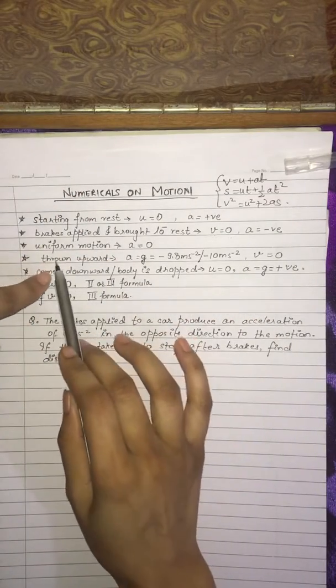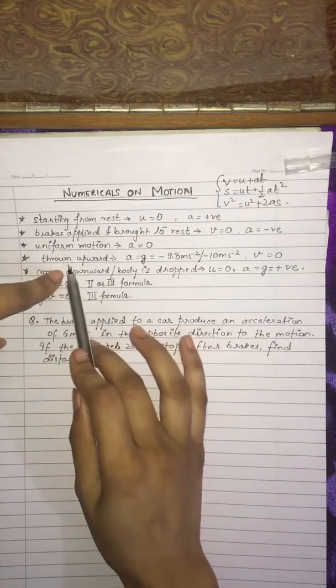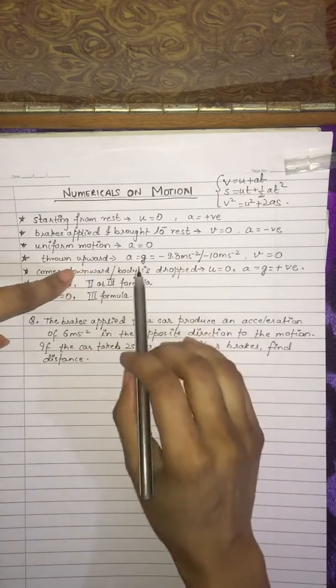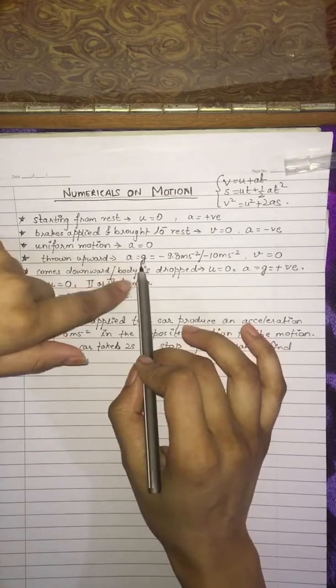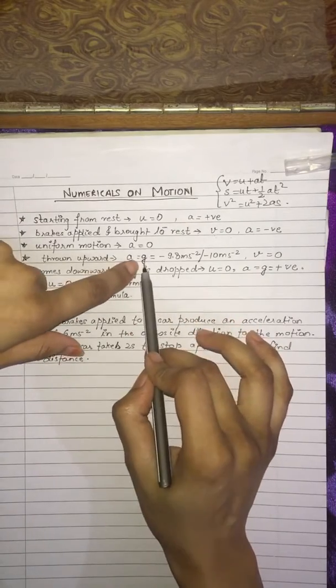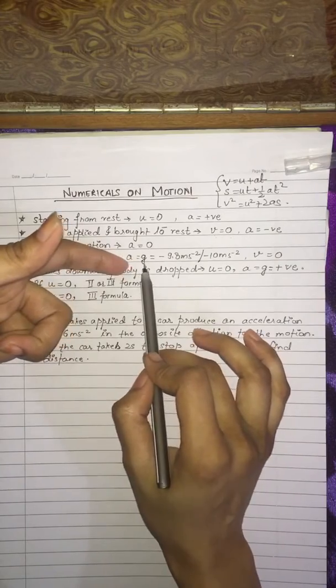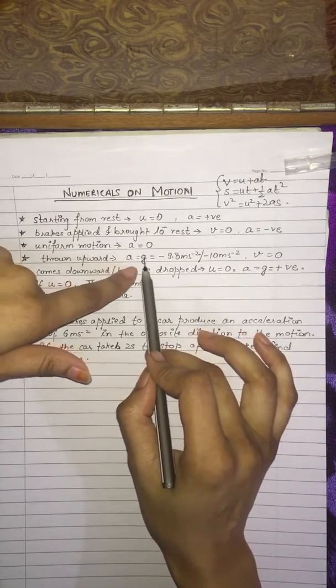Okay. If the question is asked like a body is thrown upward, what does it mean? It means a equal to g, because this will be acceleration due to gravity, so it can also be taken as g.